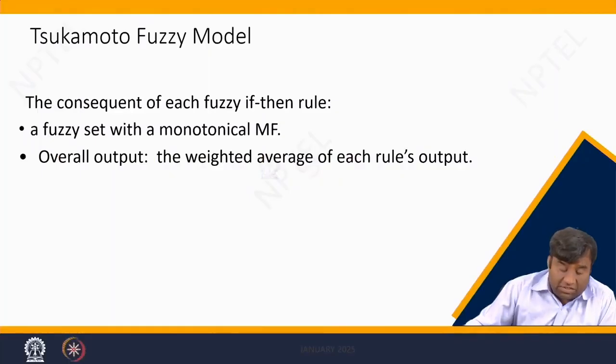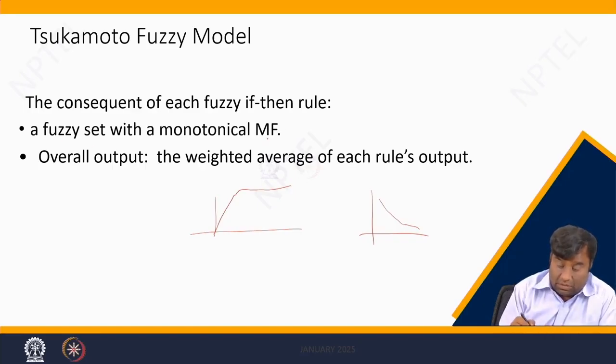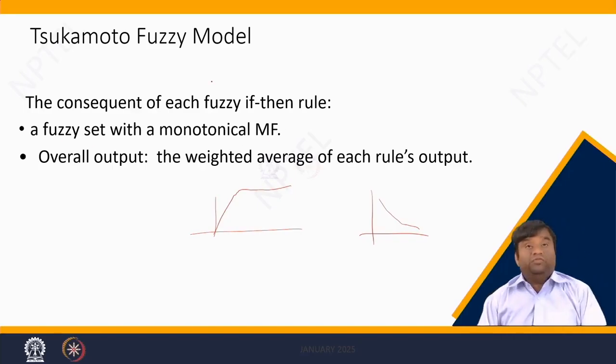In the Tsukamoto fuzzy method, the consequent of each fuzzy if-then rule is a fuzzy set with a monotonic membership function. The overall output is the weighted average of each rule output. So here the output is either increasing or decreasing. That is the one rule for the Tsukamoto fuzzy model.